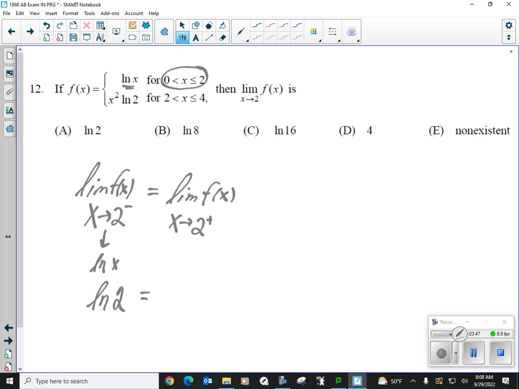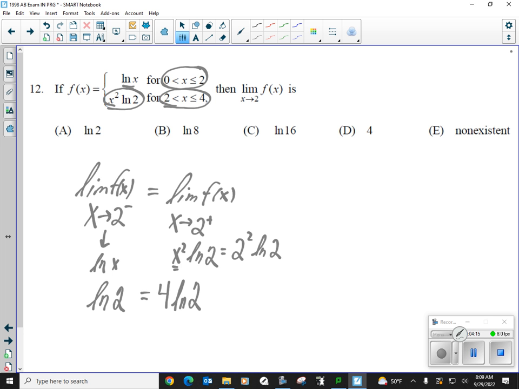From the right side, the numbers bigger than 2, we use x squared times ln of 2. Now, x is approaching 2, so 2 squared times ln of 2 ends up being 4 ln of 2.